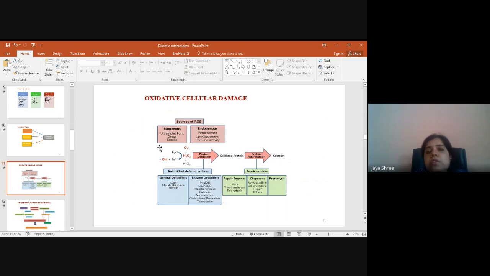The oxidized protein gets accumulated inside the lens, and protein aggregates around the lens, and it causes the exacerbation of the cataract formation. Obviously, there are defense systems in the body, antioxidant defense system and repair systems. But if the defense system fails, then certainly the cataract will happen in the diabetes cases.